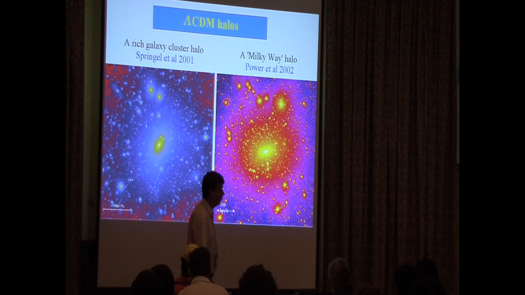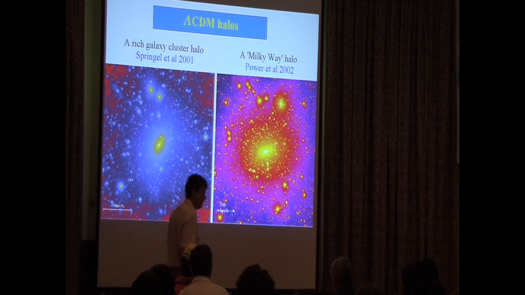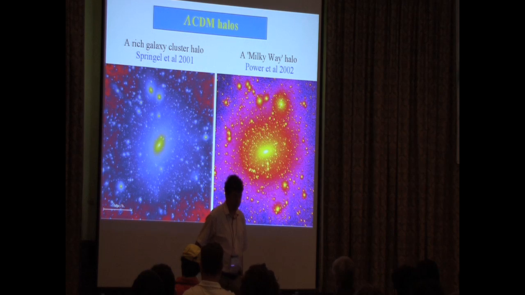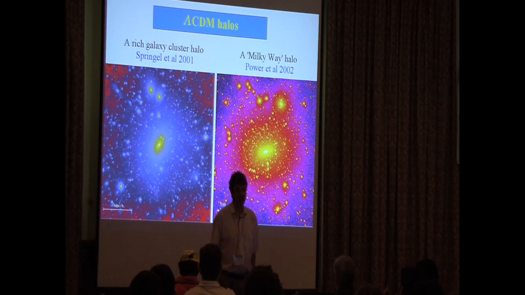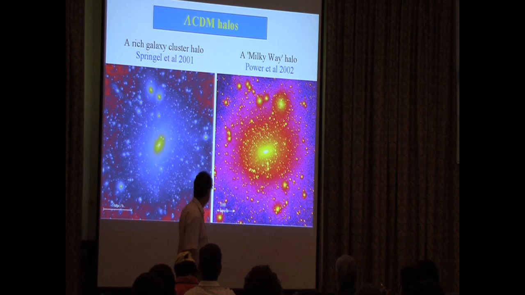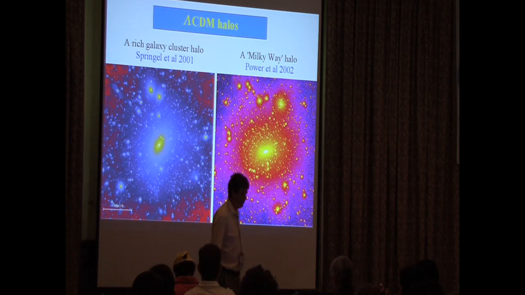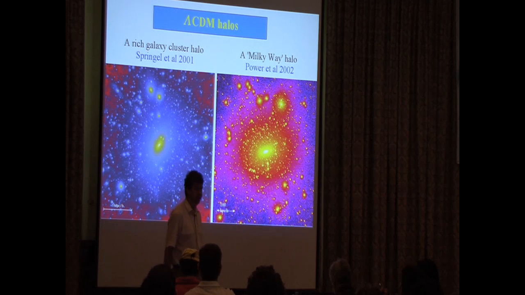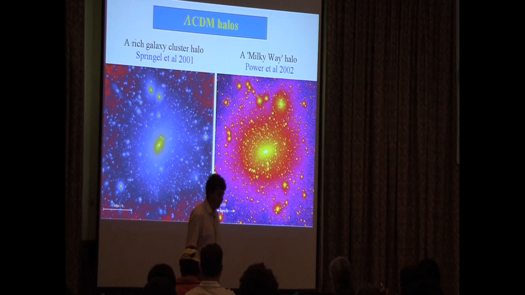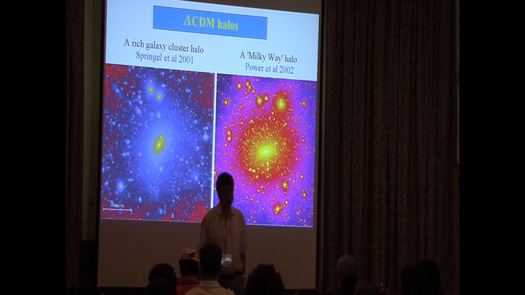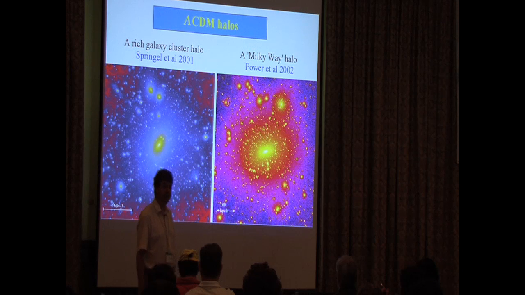So here are images of two dark matter halos from a couple of simulations, quite old simulations now. The one on the left is supposed to be the dark matter halo of a galaxy cluster, and the scale bar you see is 1 megaparsec long. The one on the right is supposed to be the dark matter halo of something like the Milky Way, and the scale bar there is 100 kiloparsecs long.